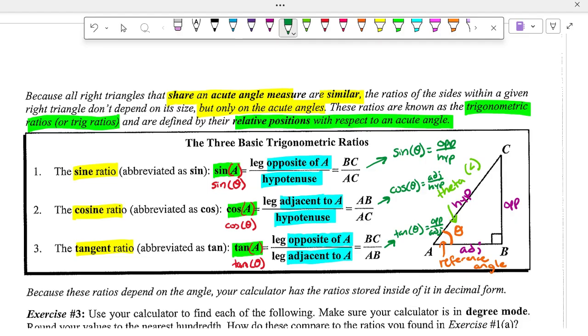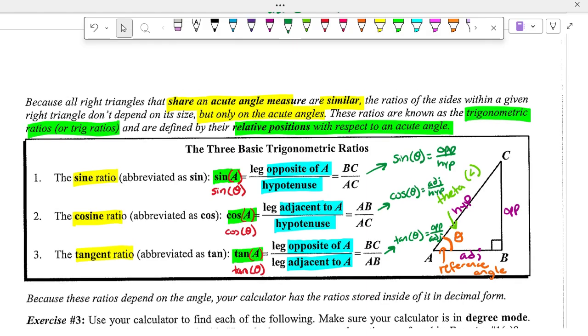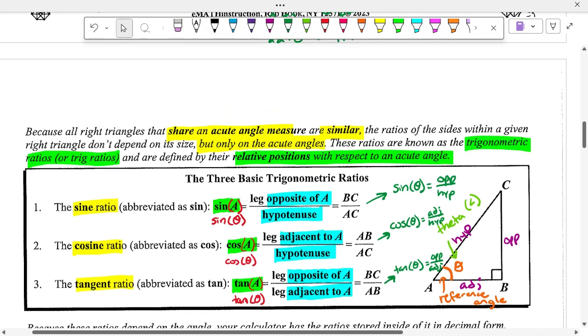Now you're probably thinking, oh my gosh, that's so much to remember. There's actually a very easy way to remember this, and you'll probably hear this a lot. SOHCAHTOA.